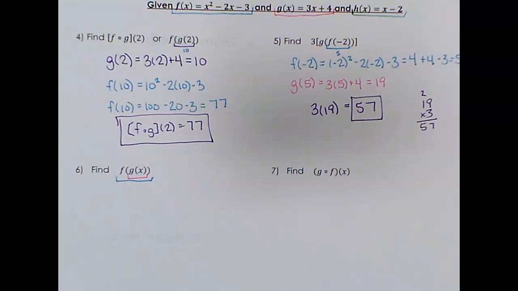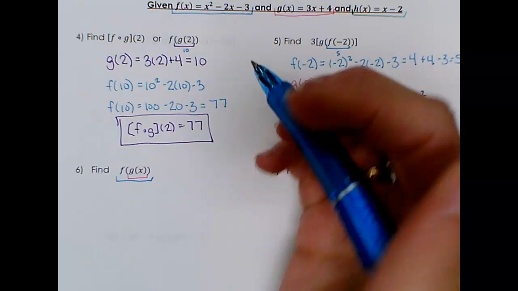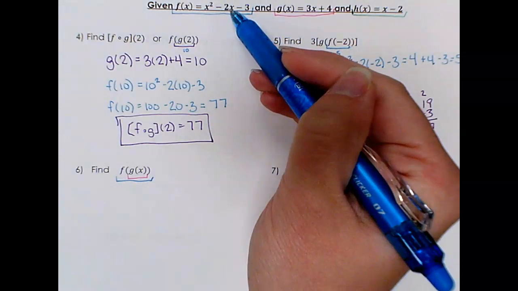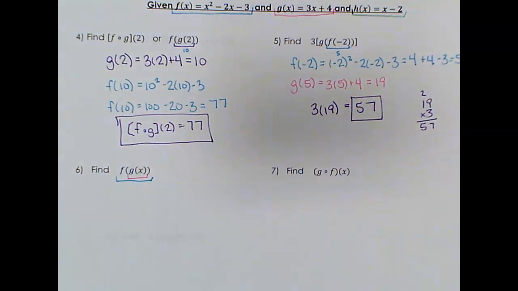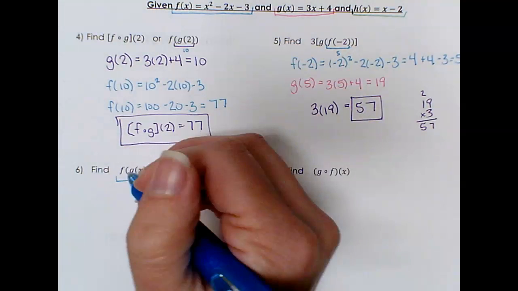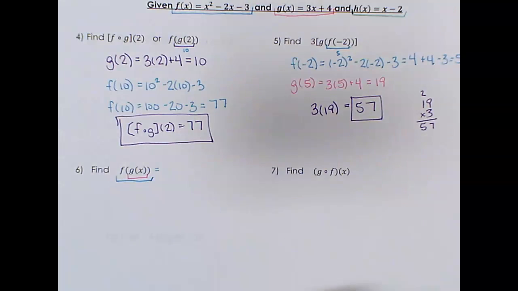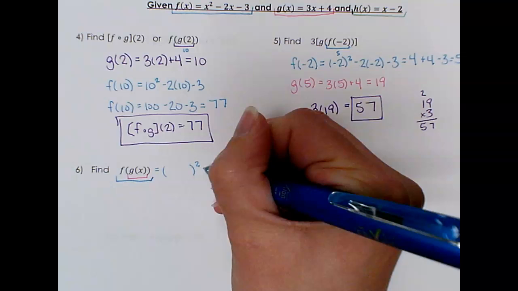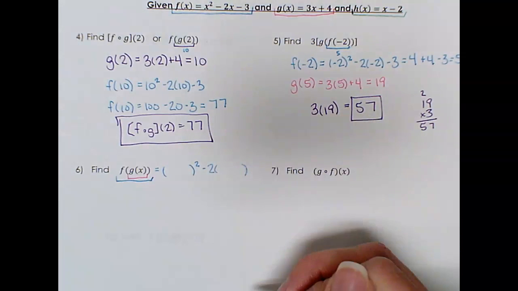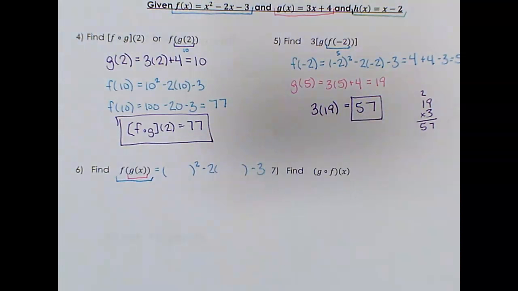So I'm going to go ahead and write the f function, but I'm going to leave a bunch of space where x is, because x is supposed to be this whole g of x piece. So f of g of x is equal to x squared minus 2 times x minus 3.